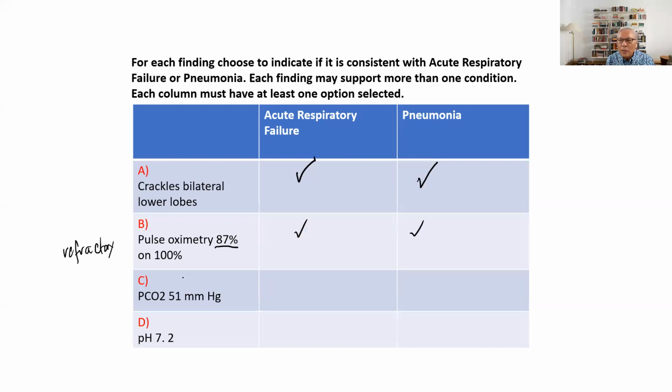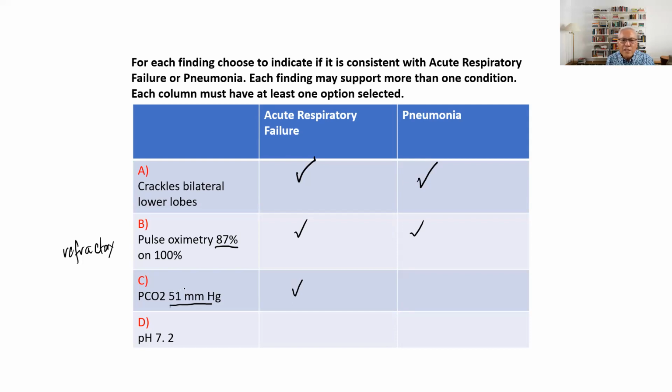How about a PCO2 of 51? This is going to be something that is a finding, in addition to pH of 7.2, respiratory acidosis. So this is consistent with respiratory failure. So usually you will not have these numbers in pneumonia.